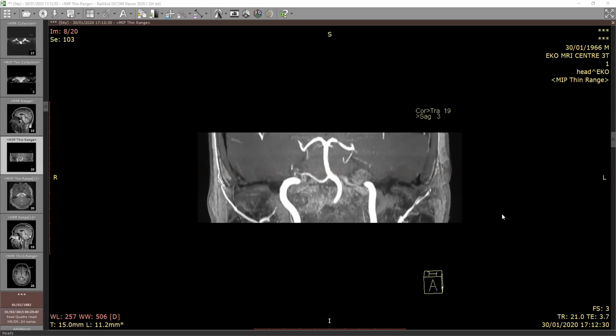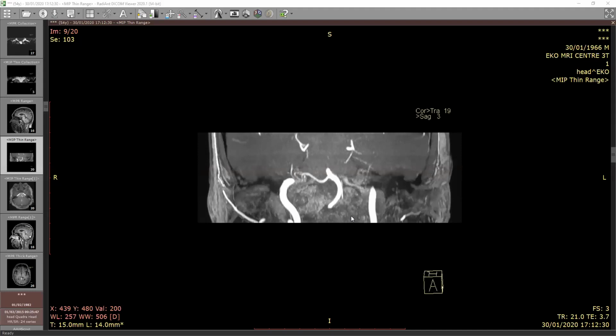But again, I will not go into the physics. So this is the vertebral artery. This is the cervical part of the vertebral artery, the V2, and then you have the V3, which is going around the odontoid process. So these are the two vertebral arteries over here.